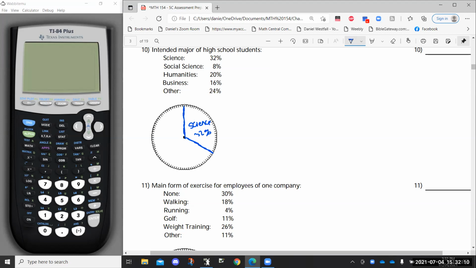Now I've got 8% add, so 32 plus 8 would be 40%, which means I need about 10% left here. So these would be about equal parts.